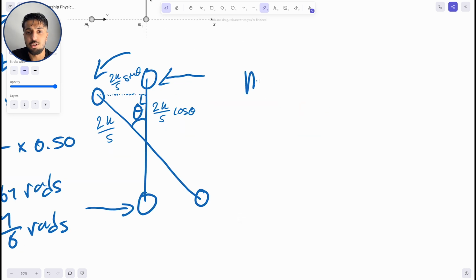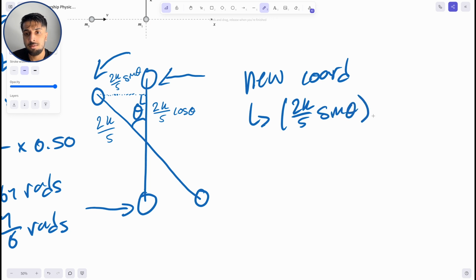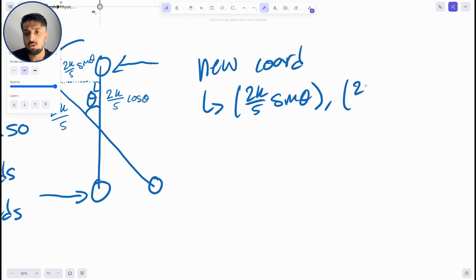And therefore, our new coordinates are given as 2k over 5 sine theta and 2k over 5 cos theta, right? This is our x and this is our y.